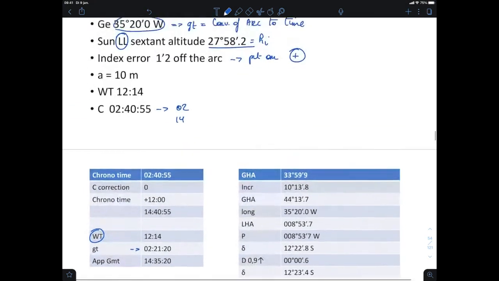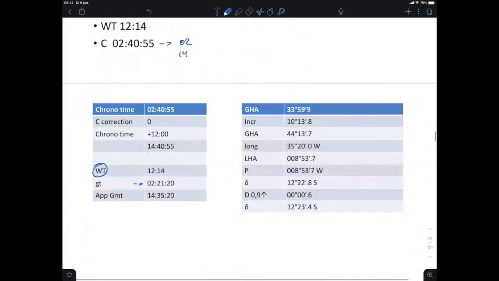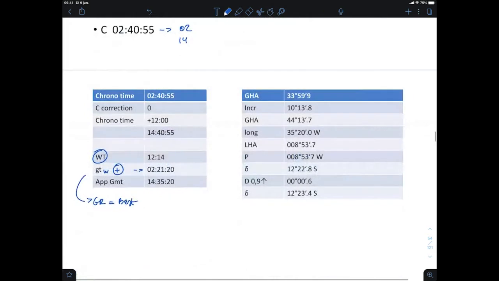We are in the, where are we? In the west. So we know that Greenwich is west. So this means that we have to add this longitude transformed into time. That is correct, we're in the west. So we add this, and this gives us an approximate GMT of 14:35:20.